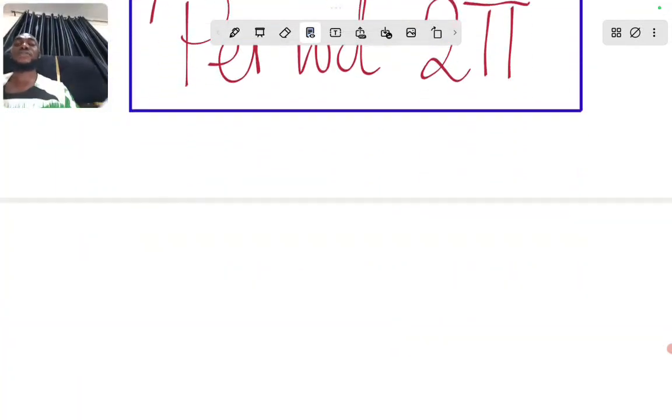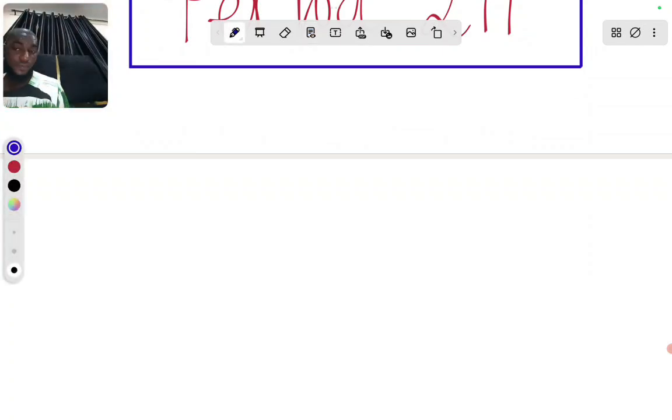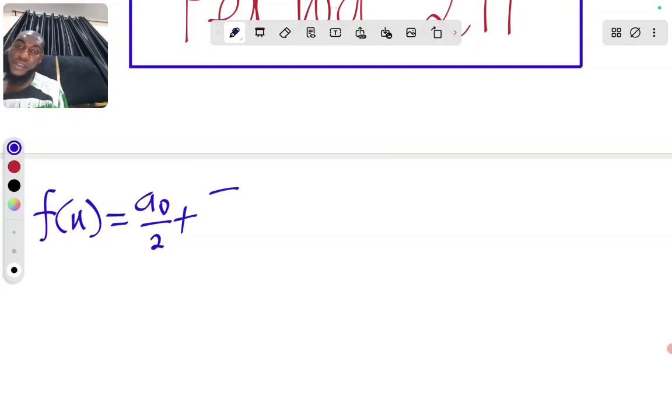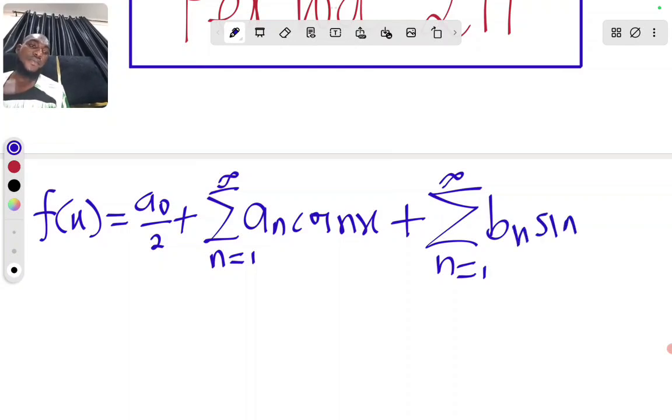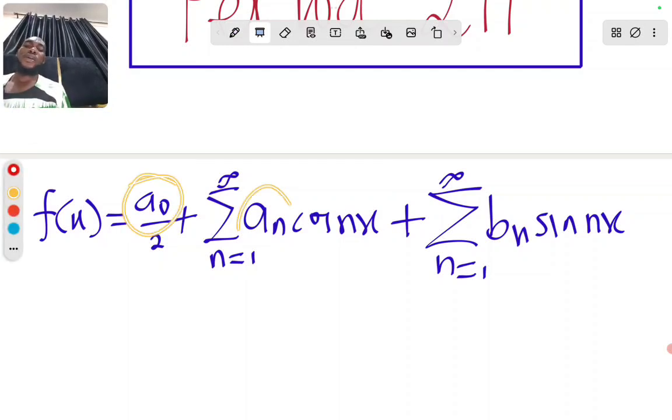This is giving us f of x is equal to a naught over 2 plus the summation as n starts from 1 to infinity an cos nx plus the summation as n starts from 1 to infinity bn sin nx, where a naught, an and bn are the coefficients of the Fourier series.